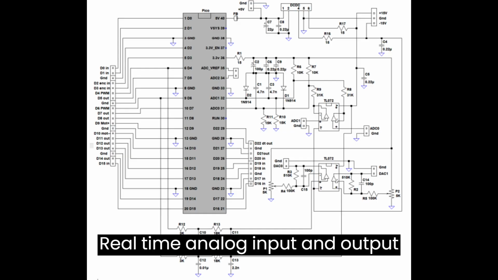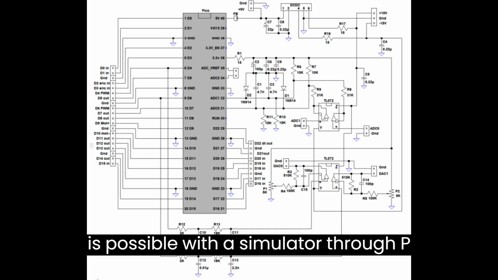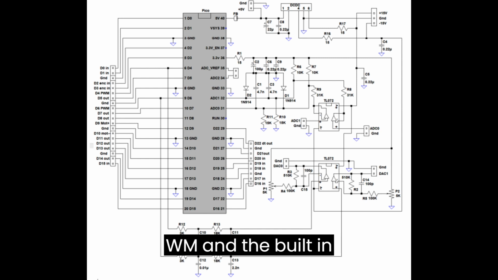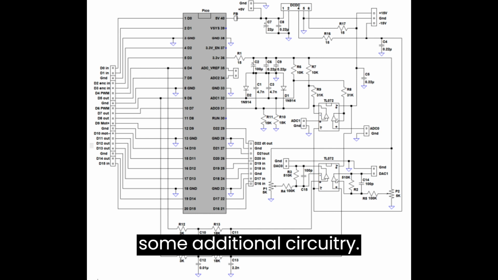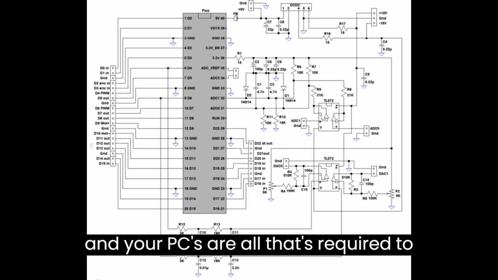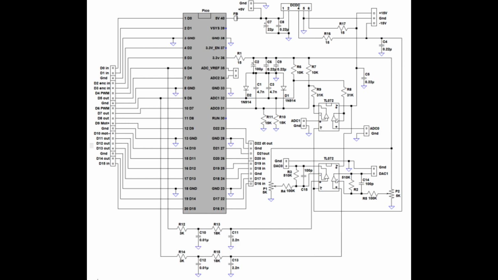Real-time analog input and output is possible with a simulator through PWM and the built-in ADC. A plus and minus 10 volts range is possible with some additional circuitry. The Pico, a USB cable, and your PC are all that's required to run simulations.